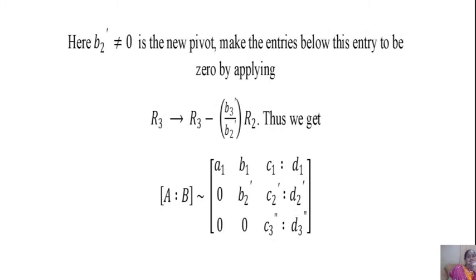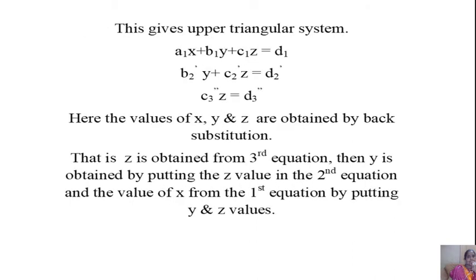Now let us assume that the second element of the second row is not equal to 0, and we make R3's second element 0 by the elementary row operation. So we get the upper triangular matrix, and the equations are in the form a1x plus b1y plus c1z is equal to d1, b2y plus c2z is equal to d2, c3z is equal to d3.